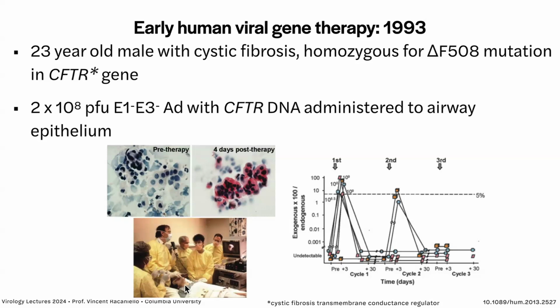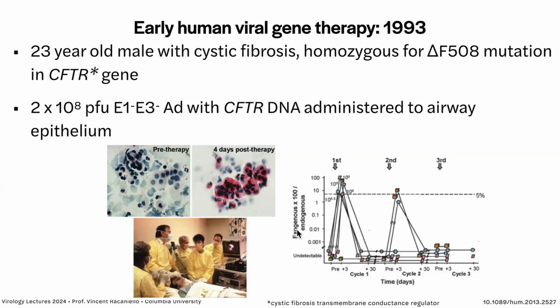So you can see the patient here, he's undergoing endoscopy, bronchoscopy, and they're spraying the adenovirus into the airway. And here's a sample of his lung cells, pre-therapy, stained with an antibody to the protein, to the CFTR protein. And you can see 4 days post-therapy, his cells are making the CFTR.